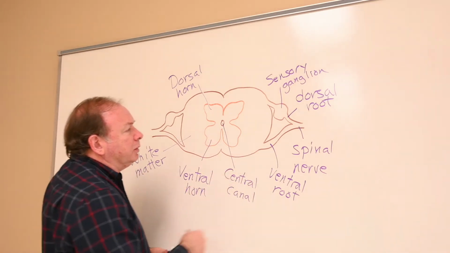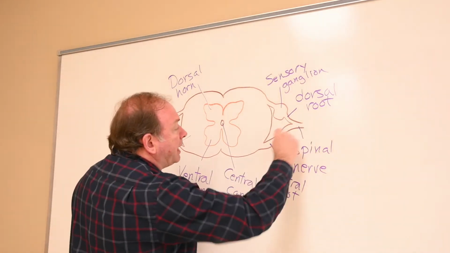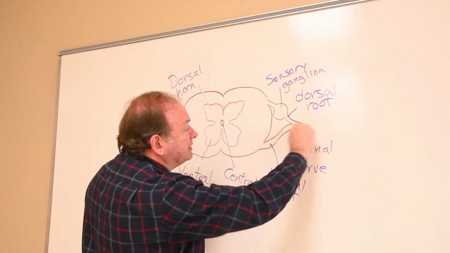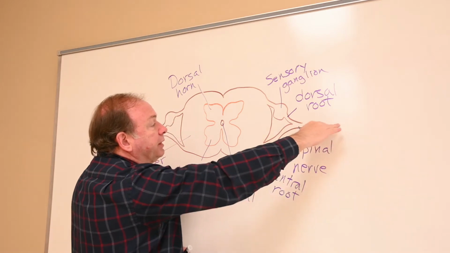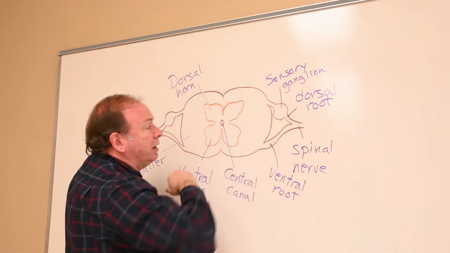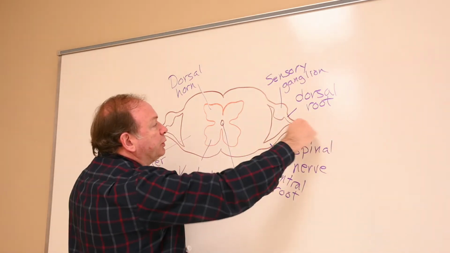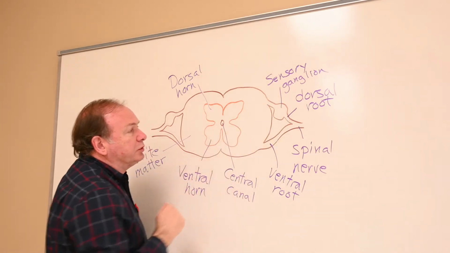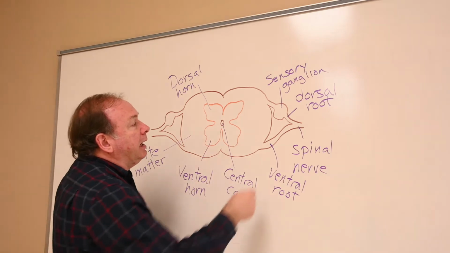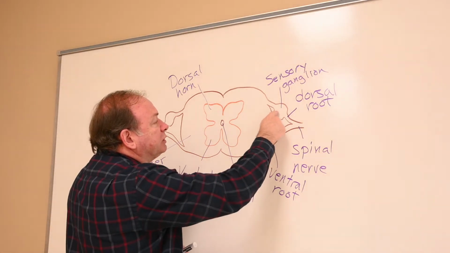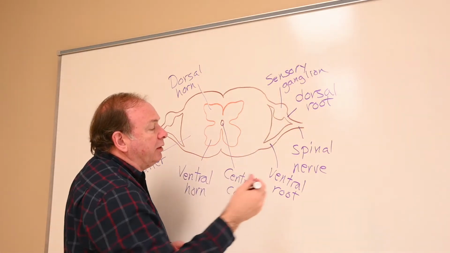But to introduce that concept, this spinal nerve has nerve fibers that carry signals out toward the periphery, and it has neural signals that are coming in, sensory signals from the periphery. So the sensory signals all go in through this dorsal root of the spinal nerve, and there's a cell inside the sensory ganglion that receives that nerve fiber.